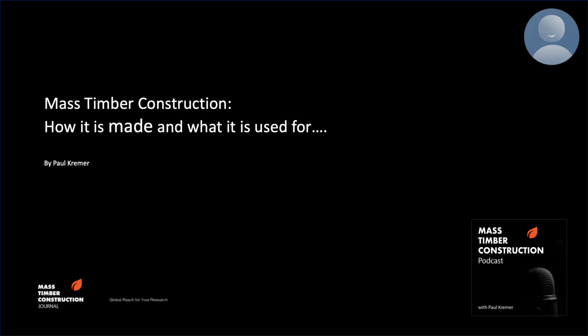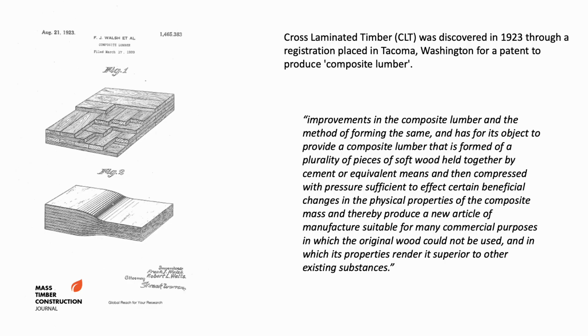But before we begin, let's have a look at what mass timber really is and where the genesis came from. Mass timber's commercial origins did come from Europe and it has been used extensively in Europe.